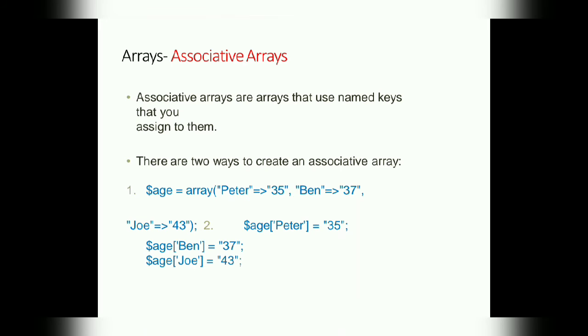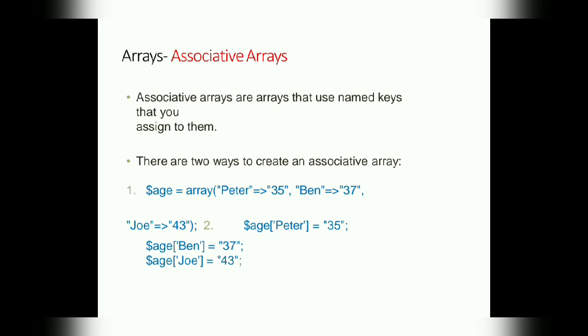For example, you can use $age array with the name in double quotes, then the value, comma, again name and value, or there may be the possibility of $age[name] and value, again $age[name] and value. So this can be continued.